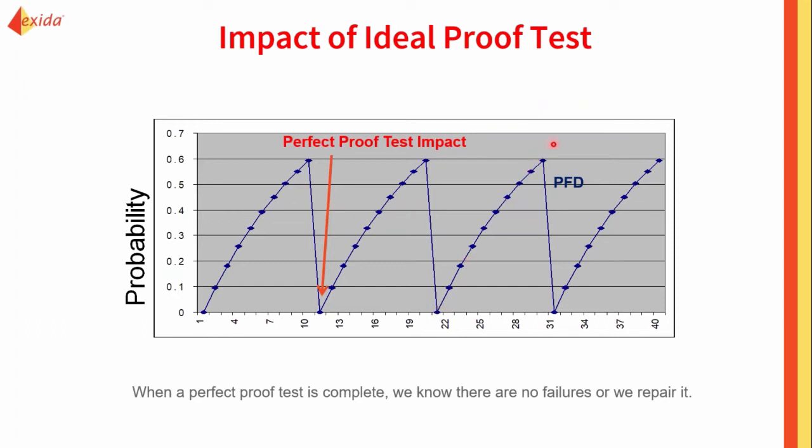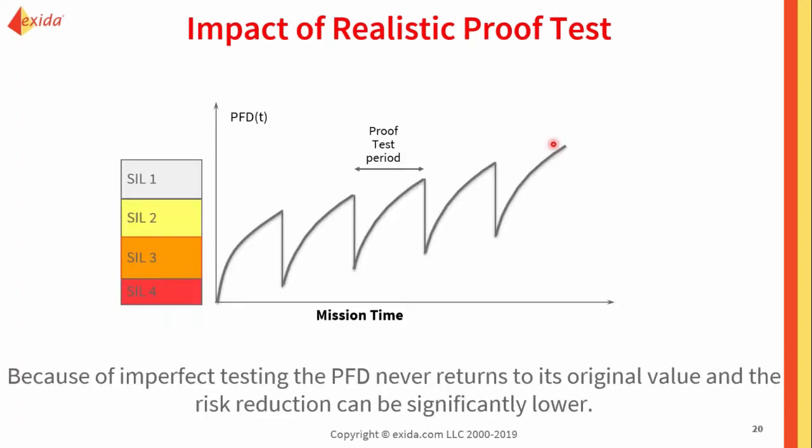However, we know now, chances are you aren't doing a perfect proof test. Are you finding every single possibility of failures out there? More realistically, we're going to be looking at an imperfect proof test, or a realistic proof test. So once again, as time goes on, your probability of failure is going to increase. And this time, we're going to get to a certain point and do a proof test. This time we know, instead of being perfect, we might have a proof test coverage of 80%.